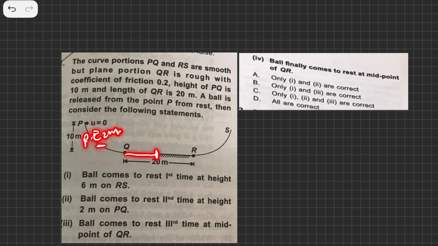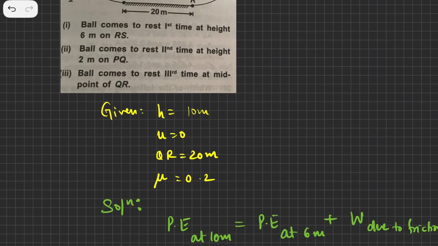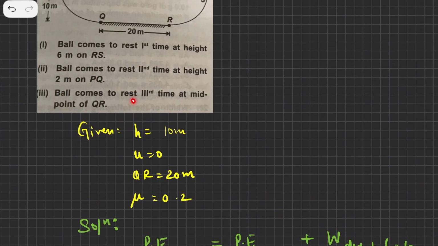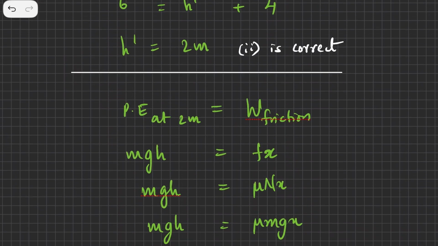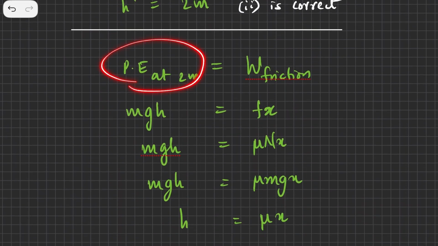Let's say I'm assuming this distance is x. I'm finding out x. Since the ball is not climbing now, if it would have climbed, I would have taken that as well. But because they are not saying that in the third option, I'm checking the third option.